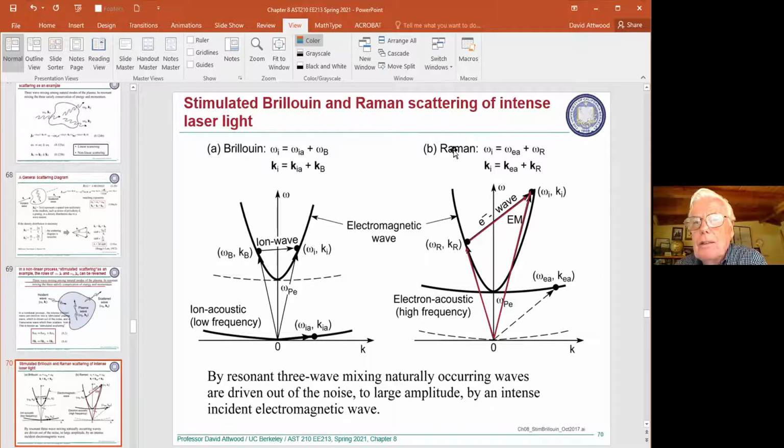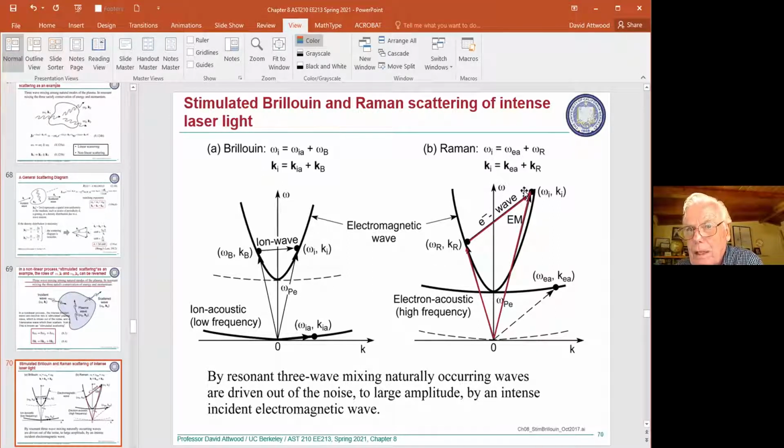So in plasma physics, they use the phrase stimulated Raman when there's a big change in frequency, and that would occur when the wave that gets stimulated is an electron acoustic wave. So in the Brillouin case, it's a low frequency ion acoustic wave, and in the Raman case, it's an electron acoustic wave, which is more or less at the plasma frequency. So that's why there's a big shift here.